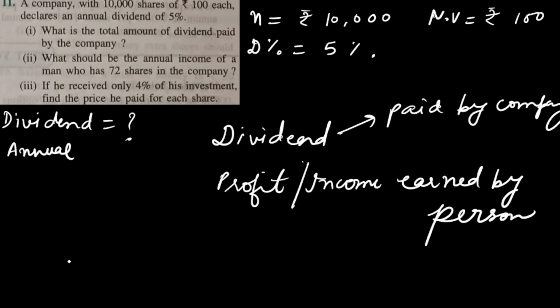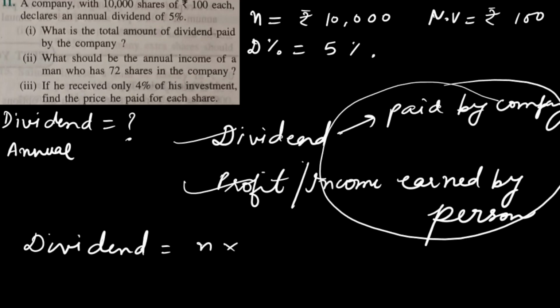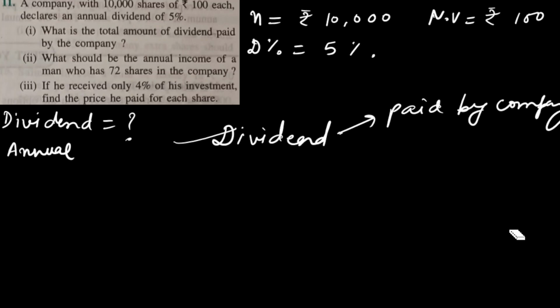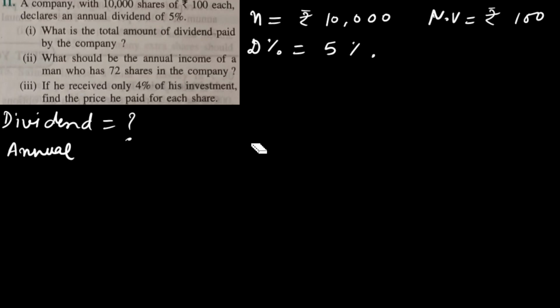Because I have told you, dividend is annual income or profit or return. This is equal to number of shares. Like this formula I told you, for anything we can use, for dividend also or profit also. So these are the two ways in which we can explain it. Now let's continue.